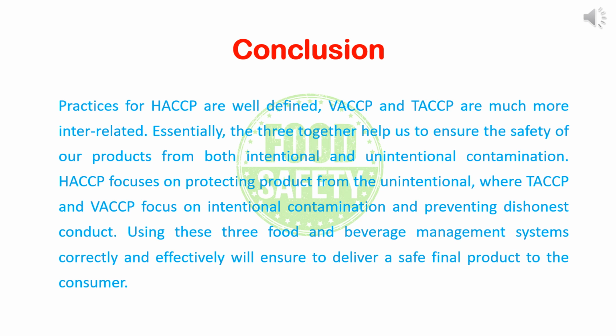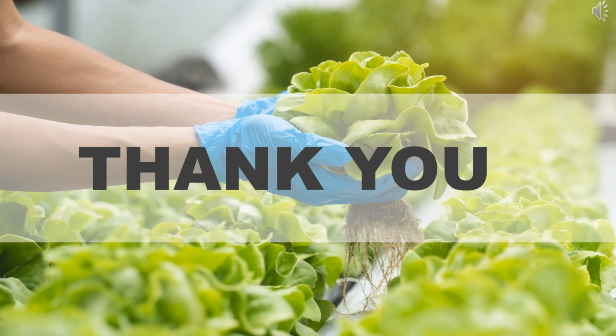HACCP focuses on protecting product from the unintentional, whereas TACCP and VACCP focus on intentional contamination and preventing dishonest conduct. Using these three food and beverage management systems correctly and effectively will ensure delivery of a safe final product to the consumer. Now it's time to conclude this presentation.